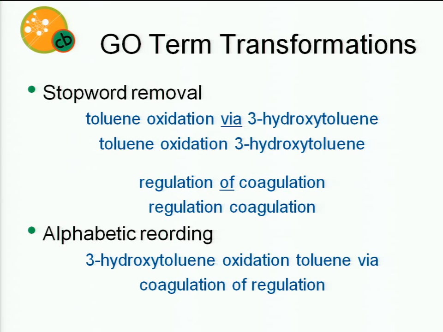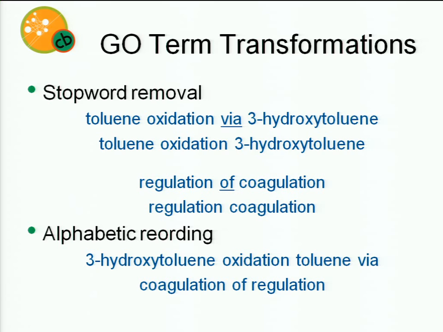And so we simply had a list of those, and we went through all the terms and removed them. So if you have a phrase like toluene oxidation via 3-hydroxytoluene, you just remove the via, and you end up with that phrase there. Similarly, for regulation of coagulation, you remove of and end up with regulation coagulation.